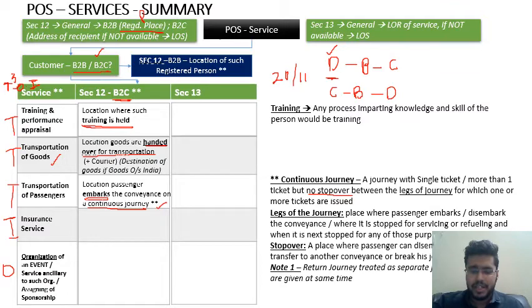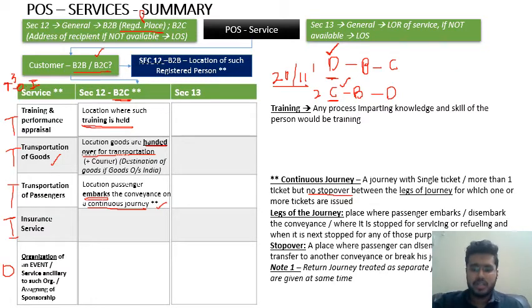But for the second, you have to treat it as a separate journey, guys. That's what the explanation says. The return journey, even though it is booked on the same date, should be treated as two separate journeys: journey number one, journey number two. Even though it is a round trip booked at the same time, it has to be treated as separate tickets. For the first journey, the place of supply will be considered as Delhi, and for the second journey, the place of supply will be considered as Chennai. That is, both the places where you are respectively boarding the conveyance.